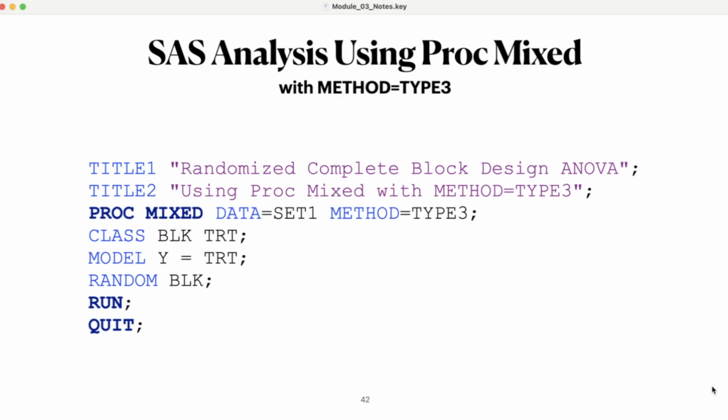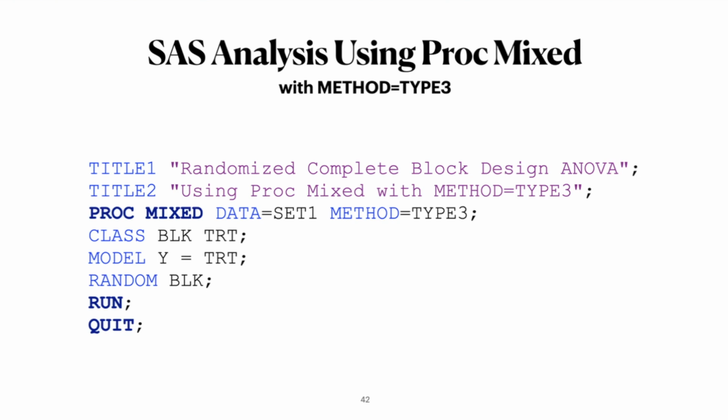Now another way to do this would be to perform the analysis using SAS. And so here is a little snippet of my SAS program that I used to do this as well. So a SAS analysis using proc mixed.